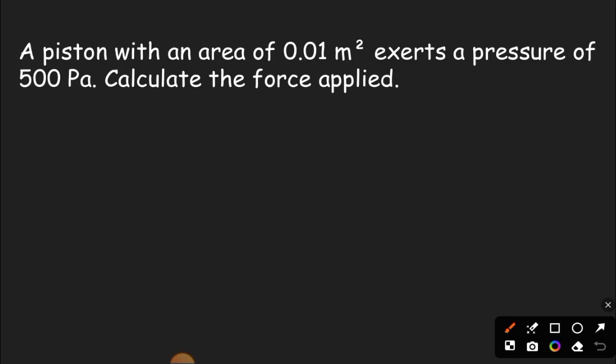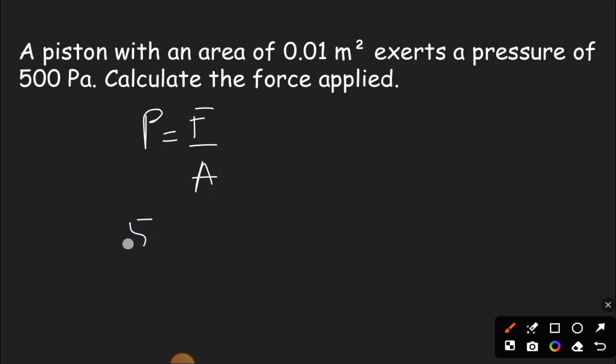A piston with an area of 0.01 meters squared exerts a pressure of 500 Pascal. Calculate the force applied. So pressure equals force over area.